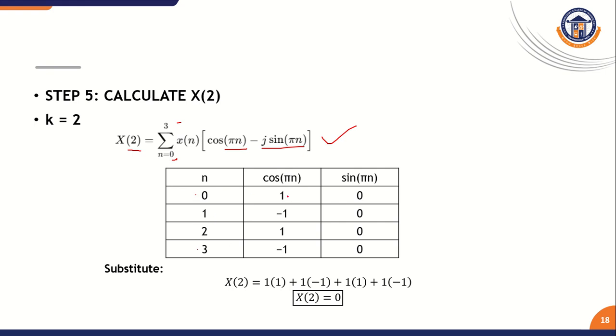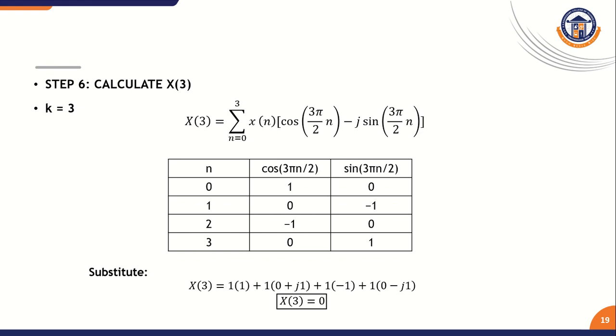The cos pi n and sin pi n values are tabulated here. From this table, we can obtain the value of capital X of 2. Finally, we get capital X of 2 equal to 0.